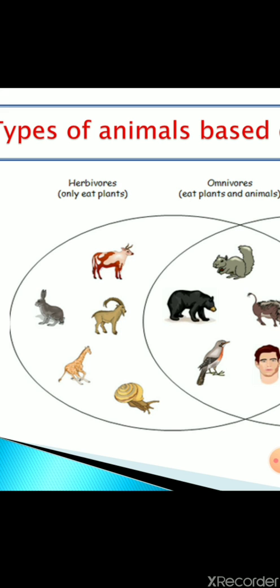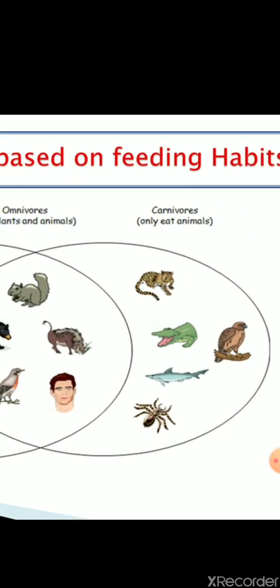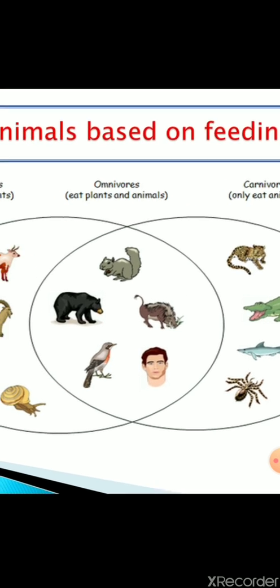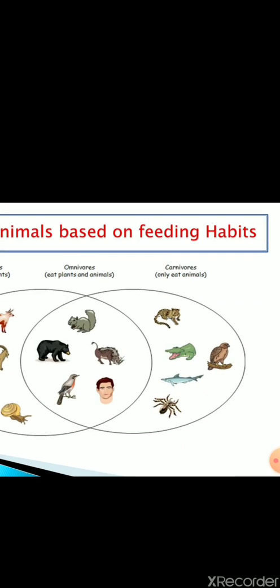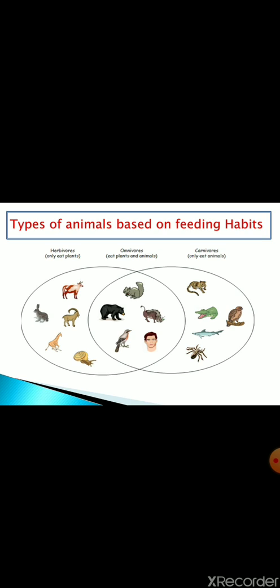The animals which eat only plants are called herbivores, and the animals which eat only animals are called carnivores. And some animals sometimes eat animals, sometimes eat plants, so what do we call them? Omnivores.